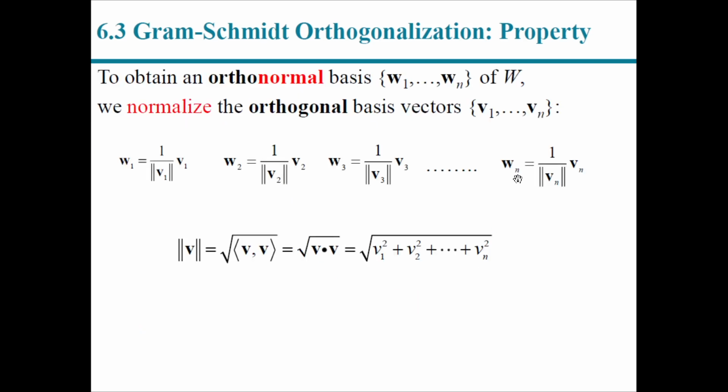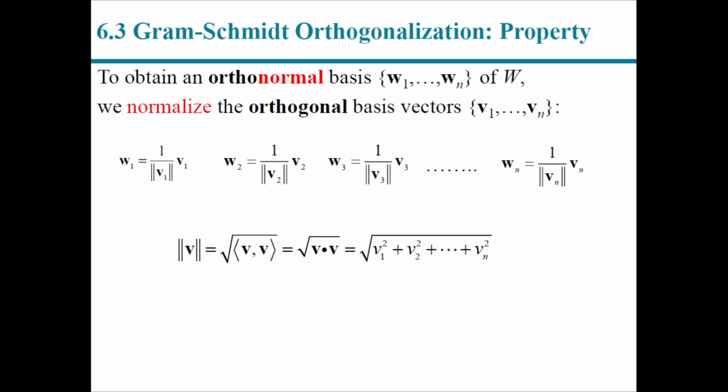And again, if we need to normalize to get an orthonormal basis, all we do is take those orthogonal vectors and divide each by its norm. So the norm again is the square root of the dot product. So this is an extra step, and we do it only when we are asked to do it. If the question is just find an orthogonal basis, we don't do this step. We just do the Gram-Schmidt.